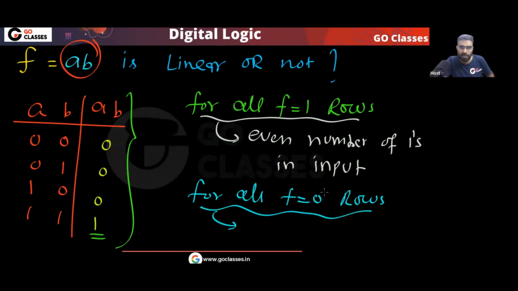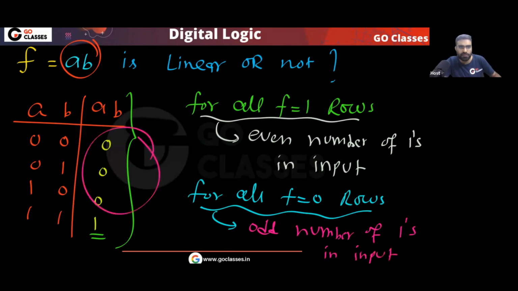Is it happening? For all f equal to 0 rows, are you getting an odd number of ones in the input? Look at all the f equal to 0 rows.